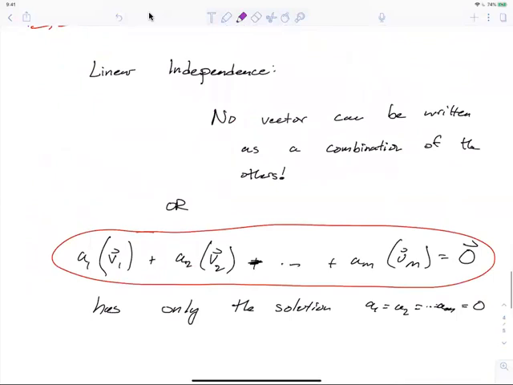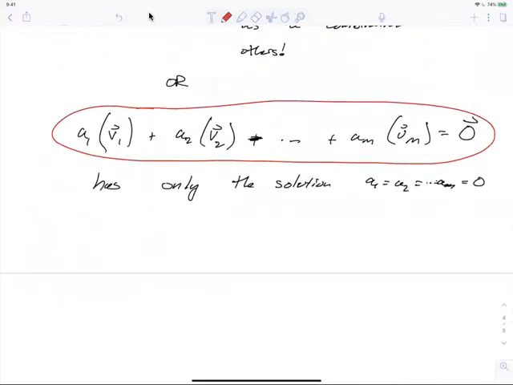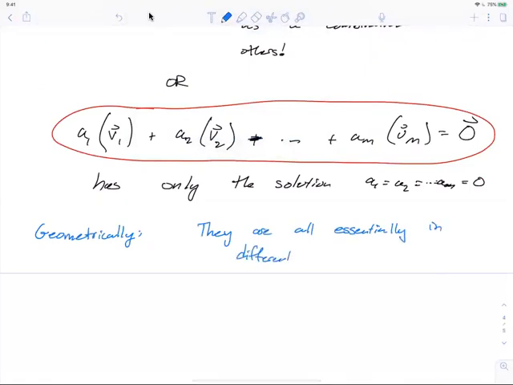One good way of thinking about linear independence geometrically is that they are all essentially in different directions. Right.